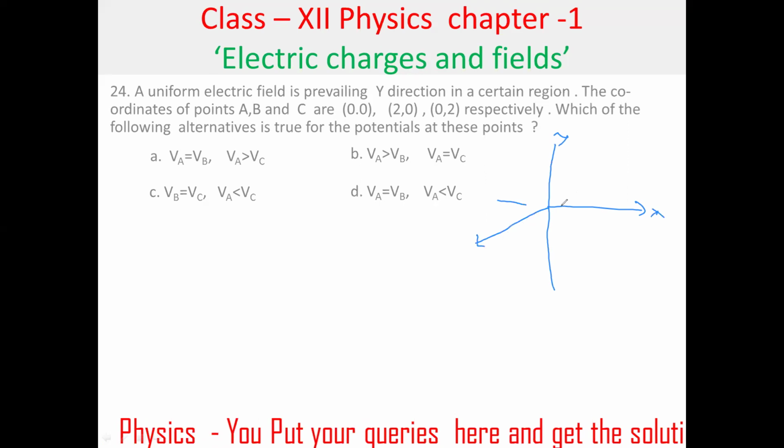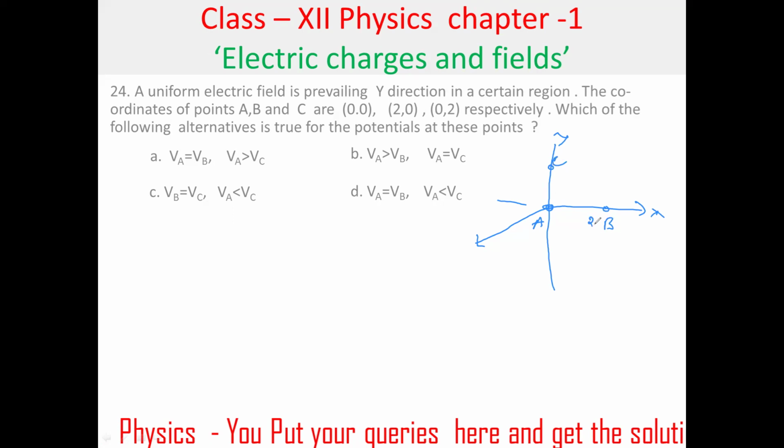So where is point A? A is the 0 0 point, B is the 2 0 point, here is B, and C is 0 2. C is here.